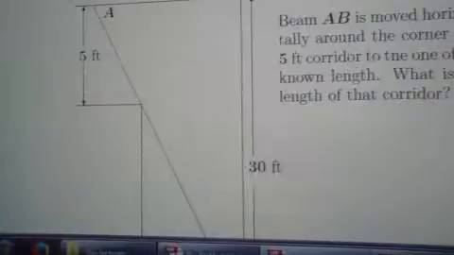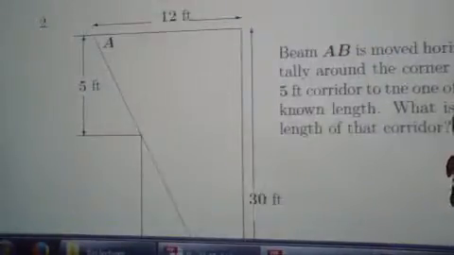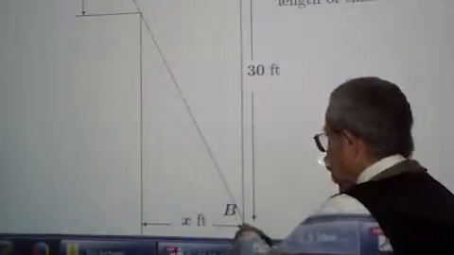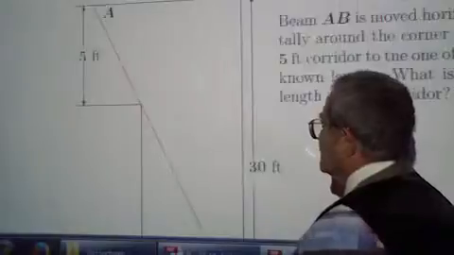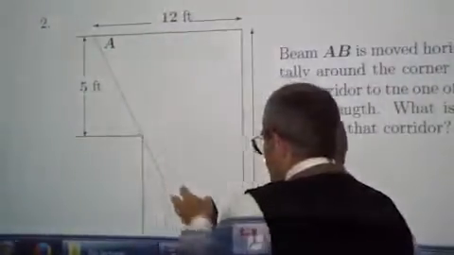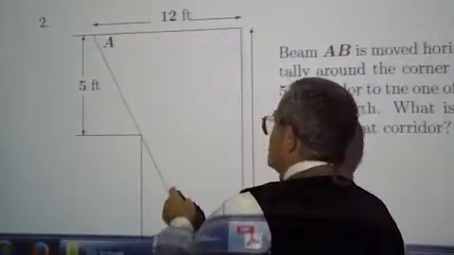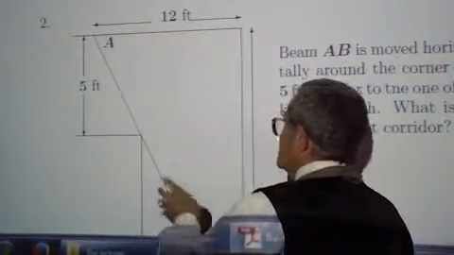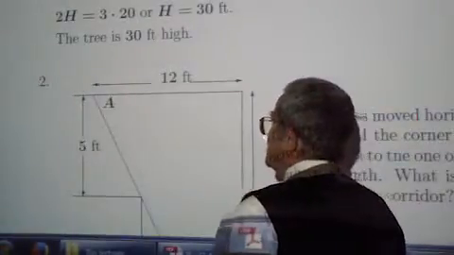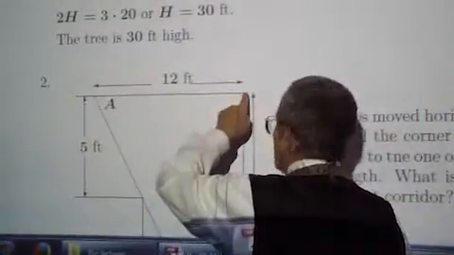Oh, we have a beam. That beam is awfully big. We have a beam that goes from A to B, and it goes from one corridor around a corner to another corridor. In a particular position, we know that this distance is 12.